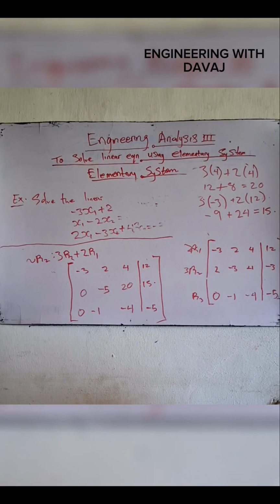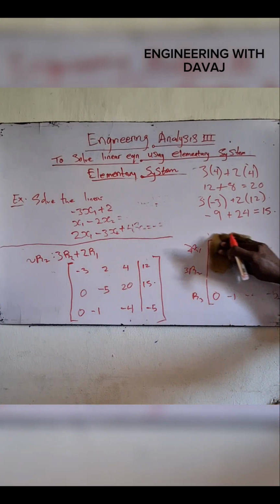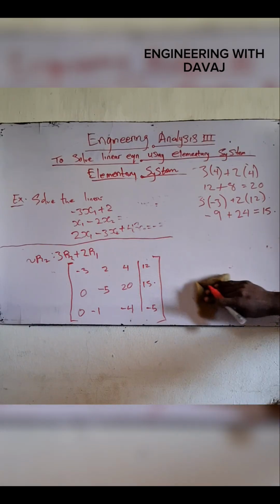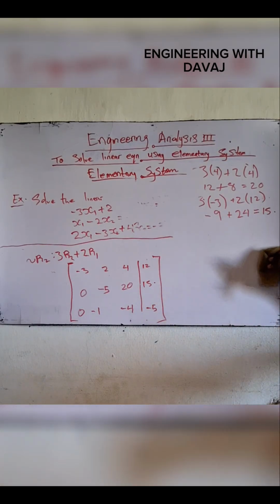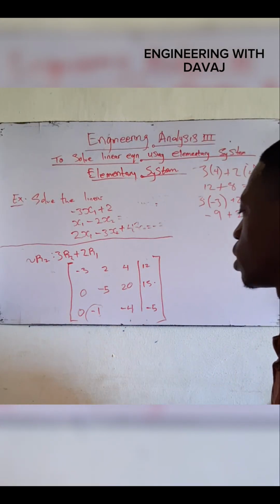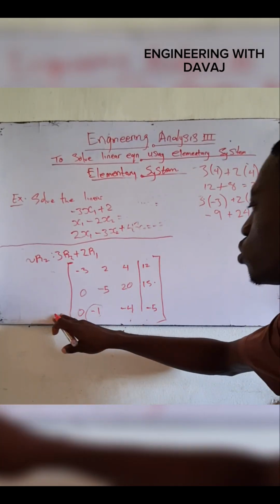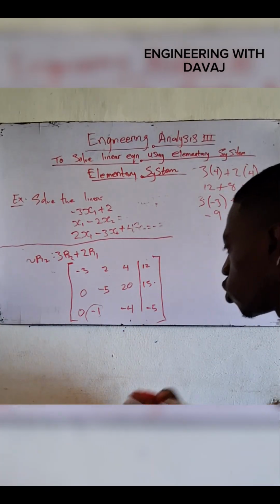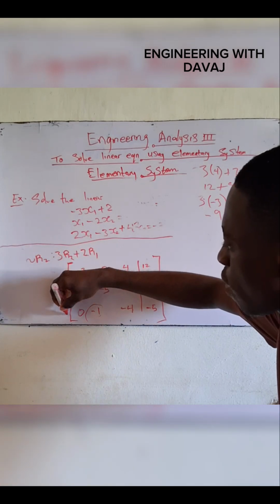So what's the next step? The next step is to turn this minus 1 to 0. That is, I'm going to perform another operation on row 3. And to do this, I already have 1 0 here.